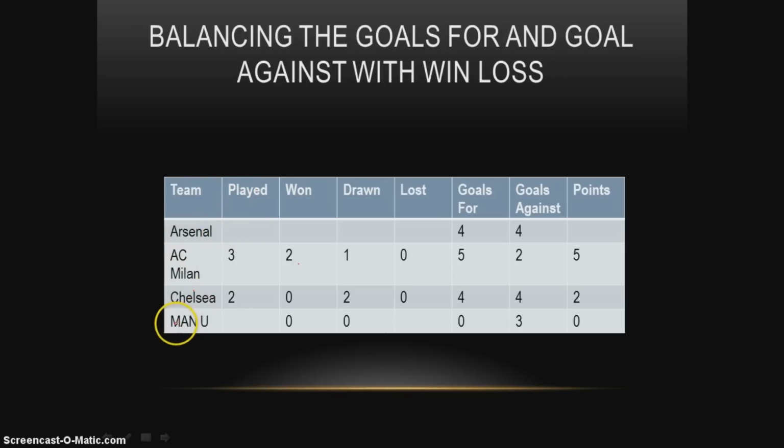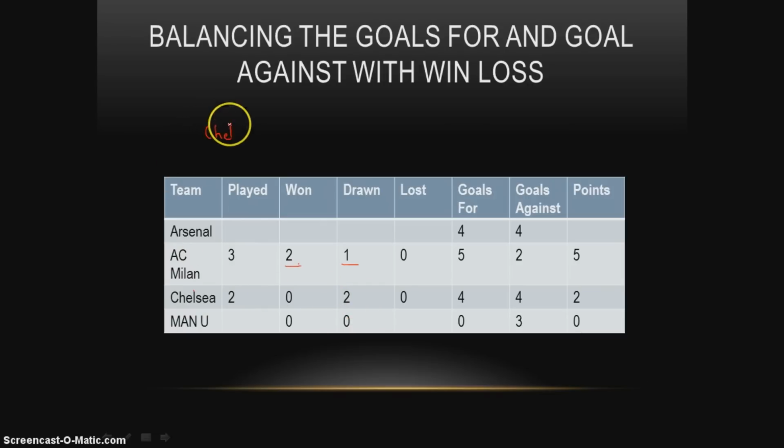Since we can't predict any more about Man U, let's try to predict about Arsenal. For predicting the matches about Arsenal, we have to look at the status of other teams. For AC Milan, we know that it played 3 matches, won 2. We also know that it drew 1 match and that was against Chelsea. Because Chelsea, as we know, has drawn 2 matches.